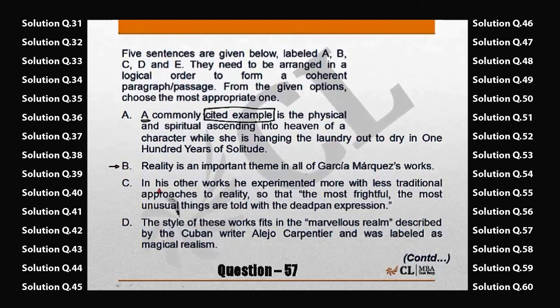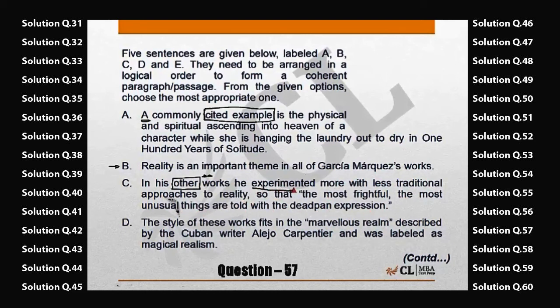We are looking at pairs or connections. See, in his other works, we're talking about other works. Okay, so that's a keyword. In his other works, he experimented more with less traditional approaches to reality, so that the most frightening, the most unusual things are told with a deadpan expression.